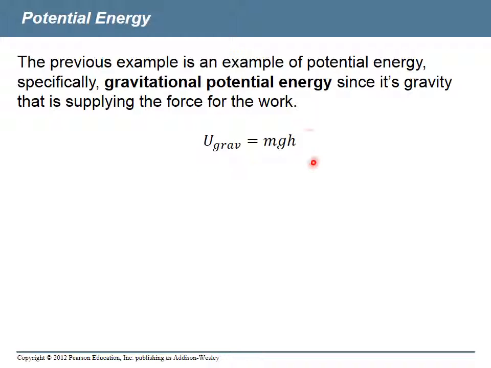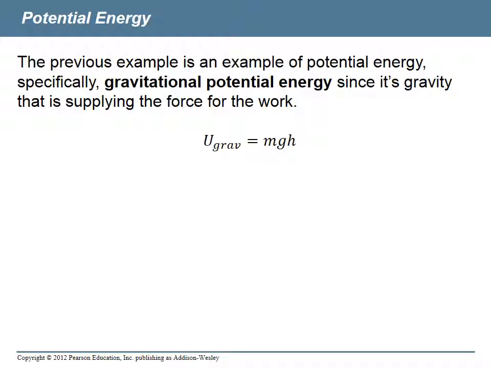The equation for gravitational potential energy, and sometimes I'll write PE, but most of the time I'm just going to write U grav, and actually I'm just going to write U as I do problems on the board in class. I'll write U for gravitational potential energy. I'll drop off the grav. But this is mgh.